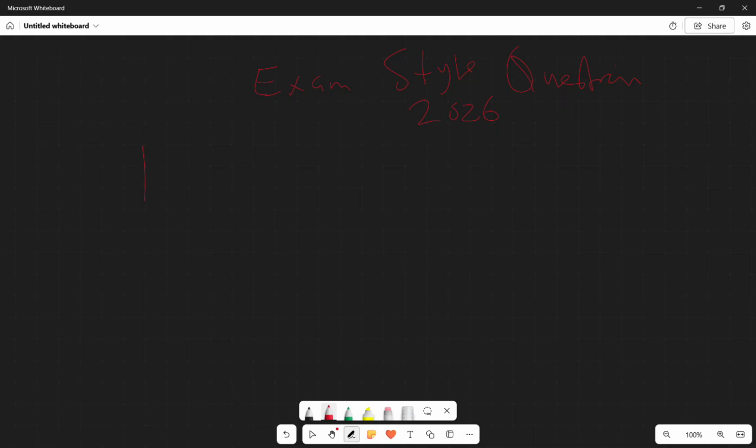This is a rectangle, and the values for this rectangle are 4x minus 1 and 2x plus 7. This is the first rectangle. The second rectangle is the same, like this, and the values are x plus 12 and 3x plus 5.